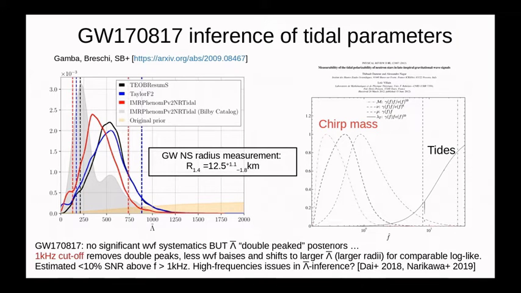And in this way, as you see from this plot, the posterior for this reduced tidal parameter, lambda tilde, shifts a bit to the right, and actually differs a bit in shape from, let's say, previous results from the LIGO-Virgo analysis. In particular, they have one peak only, so they are not bimodal anymore. And from this posterior, what we get is 12.5 kilometers plus minus 1 or something kilometers. That is the first contribution of the first plot that I've shown.